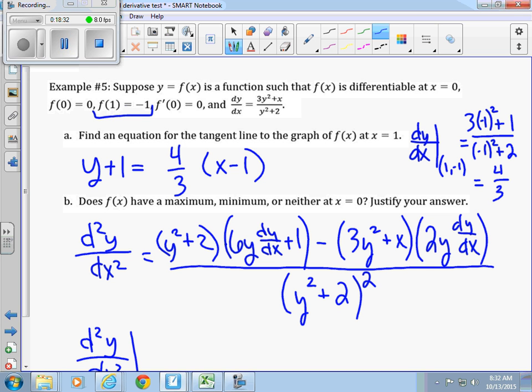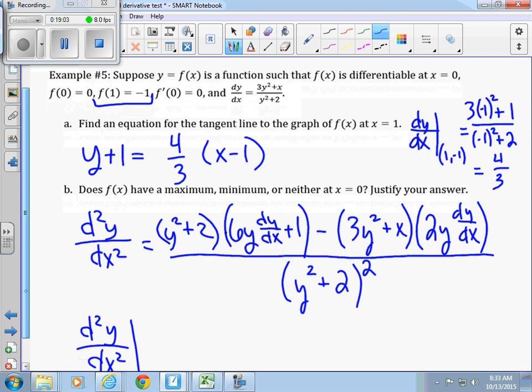So this tells me x and y are both 0, and this tells me that dy dx is 0. Now, I could do what you said and it would work out. It'd just be gross. You'd get 0 over 2 anyway, which would be 0. So you'd get there. It just saves you some time.